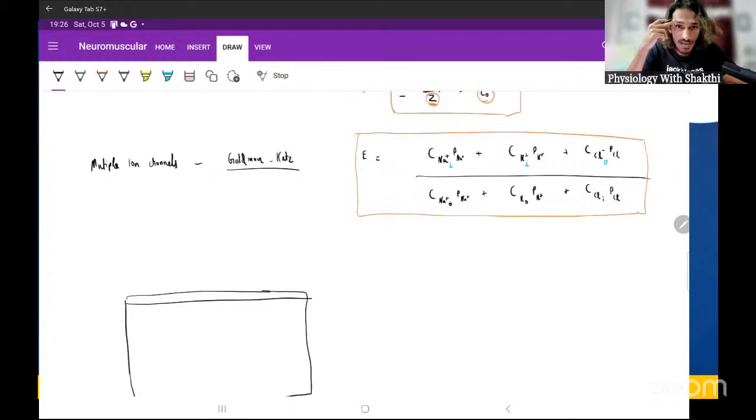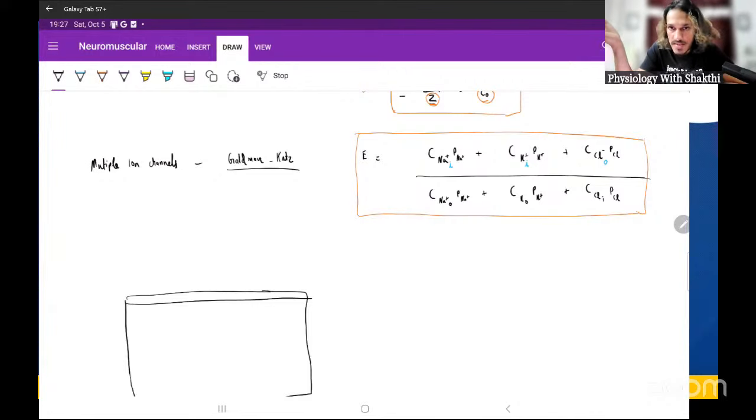So that means you have to use the Goldman-Katz equation for that. Okay. So what is the RMP? That is, at resting state, what is the membrane potential which is there? At a particular resting state, what is the membrane potential that is there? That is your resting membrane potential.